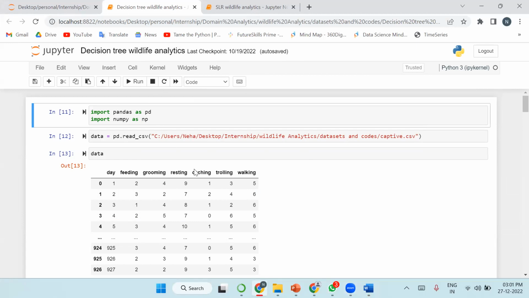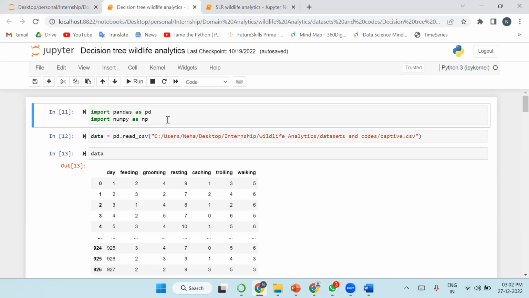So this is data about research on captive animals.